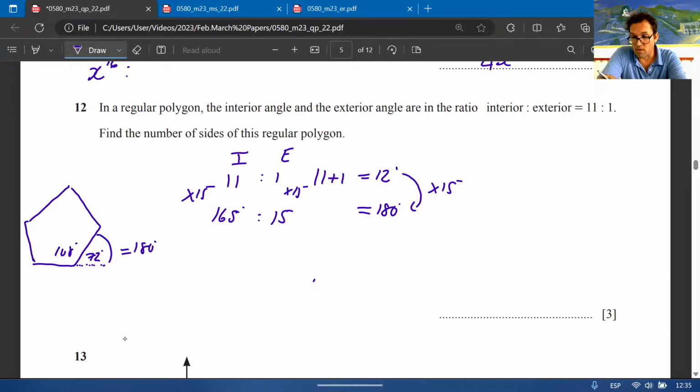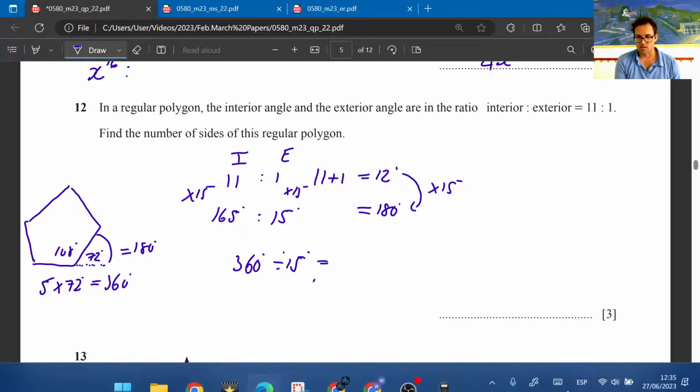Okay. So I now have the actual interior angle and the actual exterior angle. It's a polygon, I don't know how many sides it's got. 165, 15. How do we find the number of sides? Well, you see that our pentagon here, if we simply do 5 times 72, we get 360. So if the exterior angle is 15, I do 360 divided by 15.